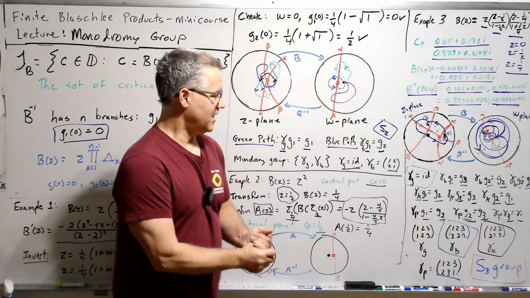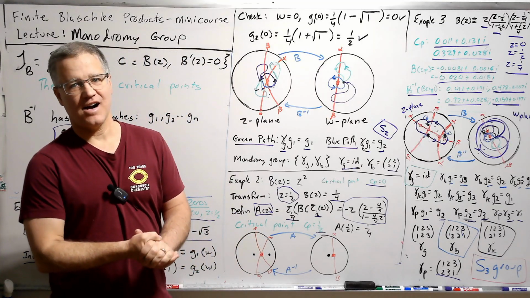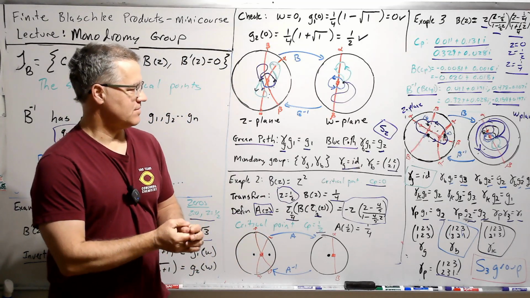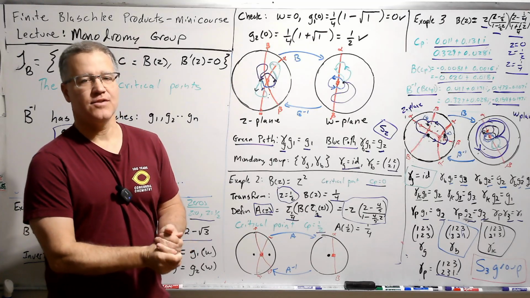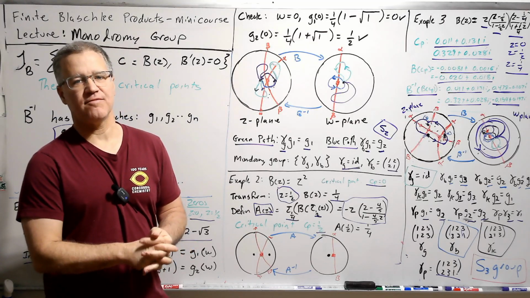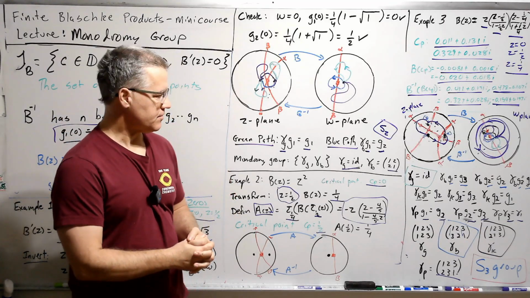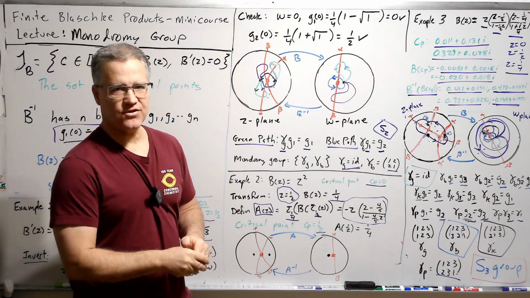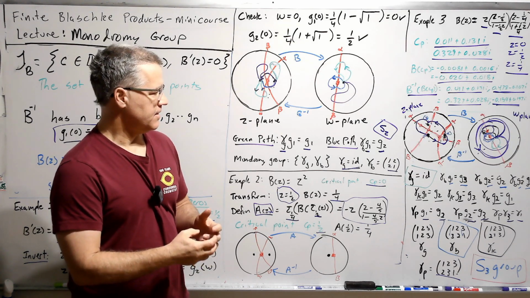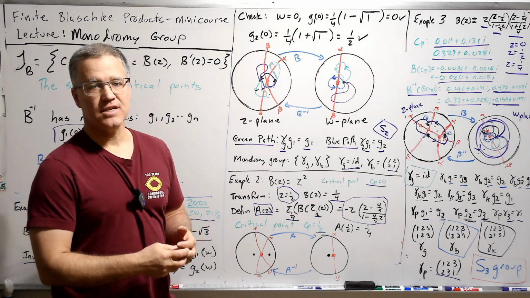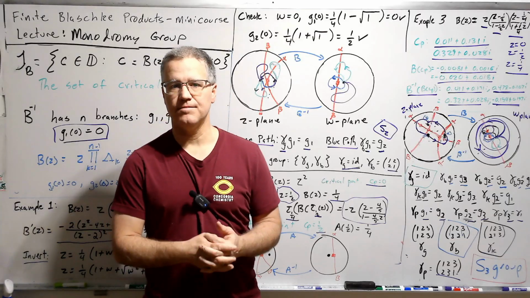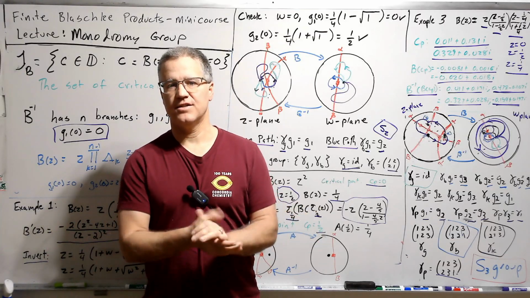It gets a little bit hairy when you start to get high degree Blaschke products. You really need to probably have Mathematica or write a Python code to really see things, because it gets pretty tricky to draw. But certainly very interesting, this connection to group theory in this way in terms of the monodromy group.